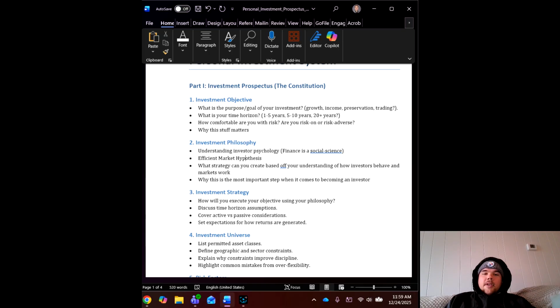That's a dumbed down version of it, in layman's terms. So you take your understanding of humans and how they learn and behave, and you use that to generate a view about how markets may behave or perhaps where they may fail.